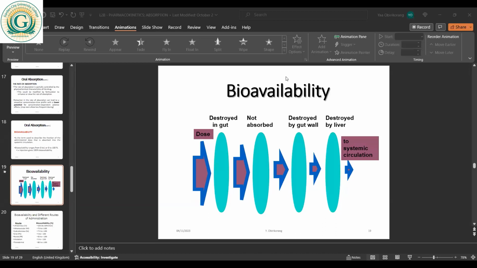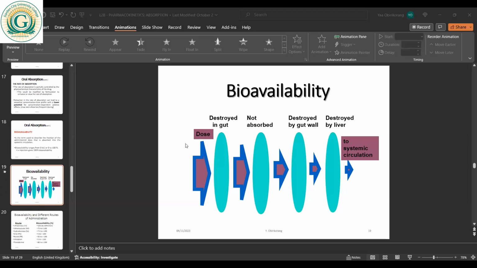So let's continue. Anytime you take any drug, one thing you should know is that it doesn't matter the route. Not all of it is going to reach systemic circulation, because the body contains several enzymes in the blood, in the GIT.